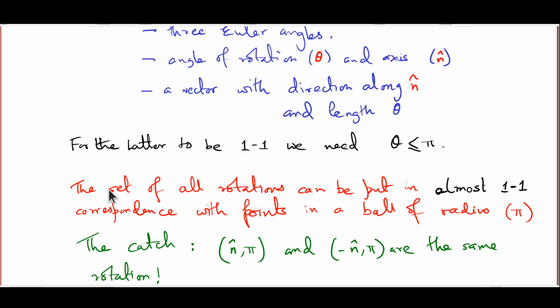So we have managed to get this one-to-one correspondence going almost perfectly, except that it is messed up by the fact that every point on the surface of this ball talks about the same rotation as the point which is antipodally opposite to it, and yet on our ball we have 2 distinct points. So the one-to-oneness is messed up that way.